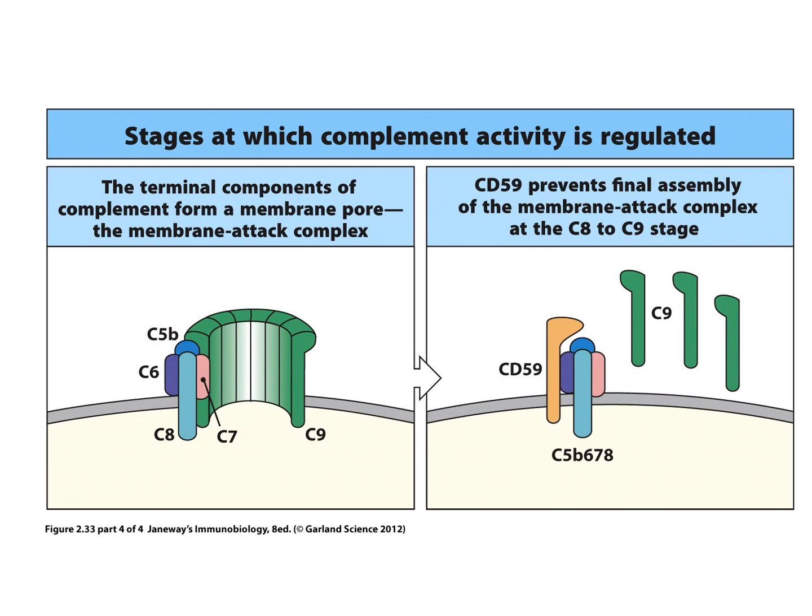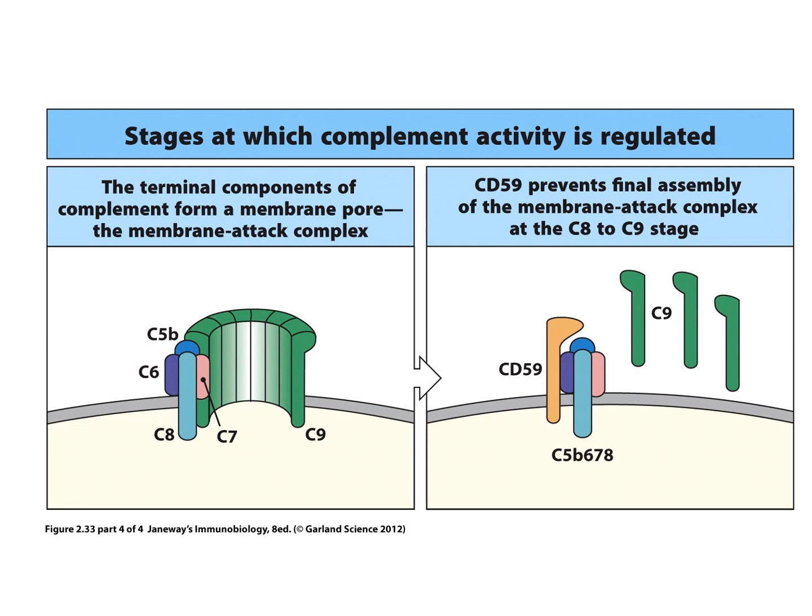Here it's showing you that even if the cascade is able to get a stable C3, C5 complex, and then you get the deposition of 6, 7, 8, and the recruitment of 9 until that pore is finished. Even if more and more 9 is being inserted, you can have CD59, which is conserved domain 59.